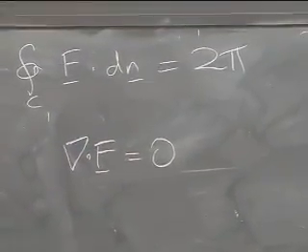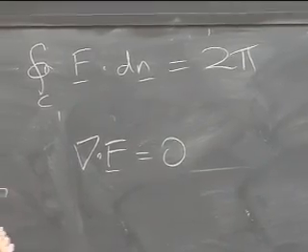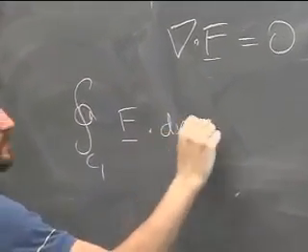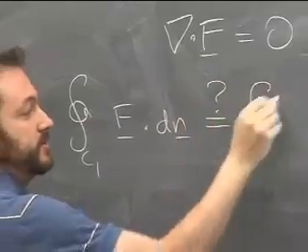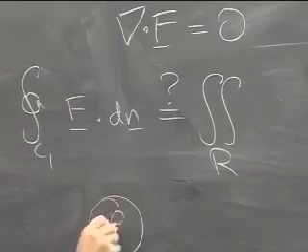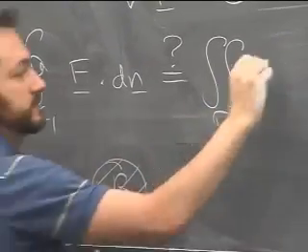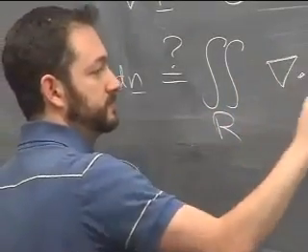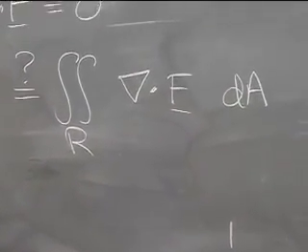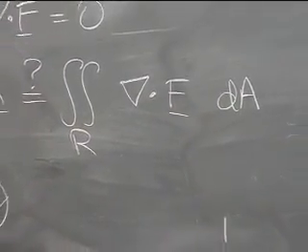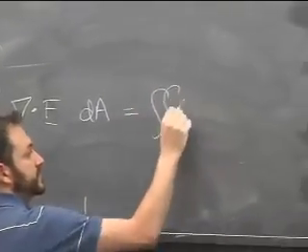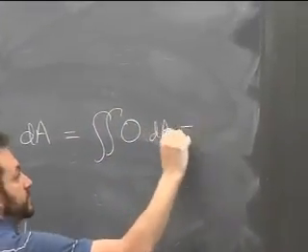So imagine we use Green's theorem in version 1 with the normal. I'll put a big question mark there. The interior of the circle is R. That's version 1 of Green's theorem. So according to this, the divergence is actually 0. So this is the integral of 0, which should be 0.